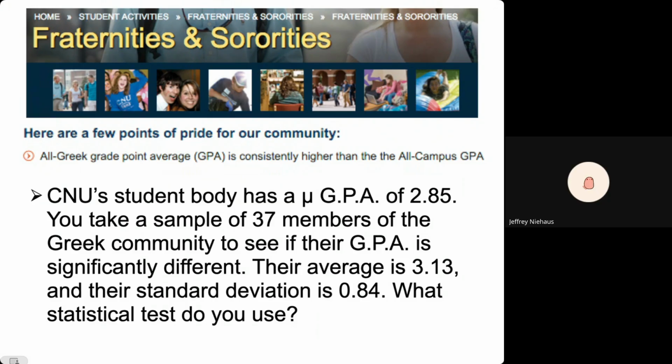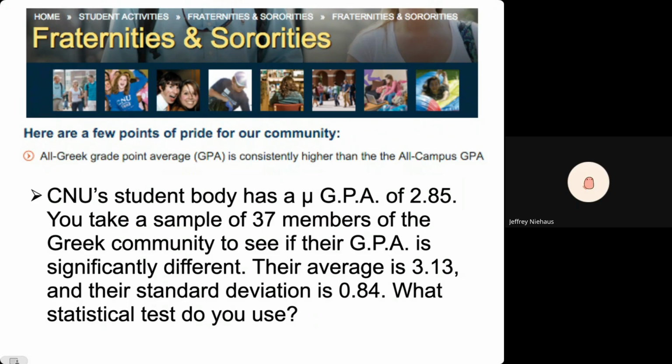The CNU student body has a mu GPA of 2.85. I made that up. I don't know if that's true. You take a sample of 37 members of the Greek community to see if their GPA is statistically significantly different. So this is testing whether Greeks have a different GPA from the overall student population mu. The Greeks got an average of 3.13 with a standard deviation of 0.84.